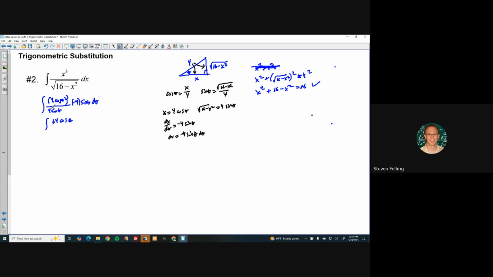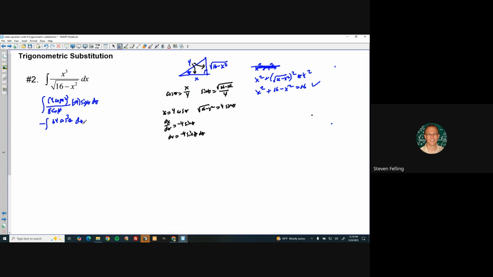And then we've got that 4 cancels, the sine cancels, negative. There we go. So after all of that, we have, that's a cube. We have 64 cosine cubed, right? We have three 4s multiplied and 3 cosines multiplied. The 4s canceled, everything but the negative.